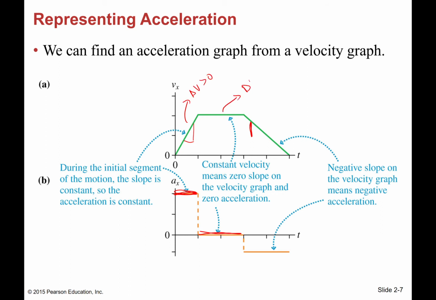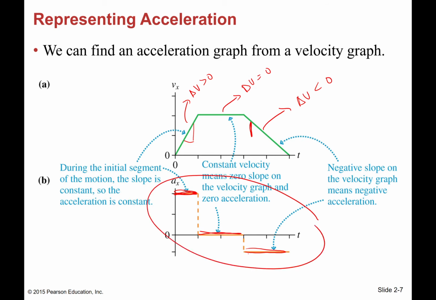Here, delta V is equal to 0. And here, delta V is less than 0. So delta V is negative. Delta V over delta T is just a negative number, and that is your acceleration here. So this is the acceleration versus time graph that corresponds to this velocity versus time graph.